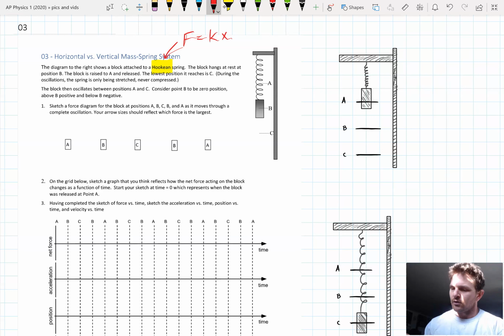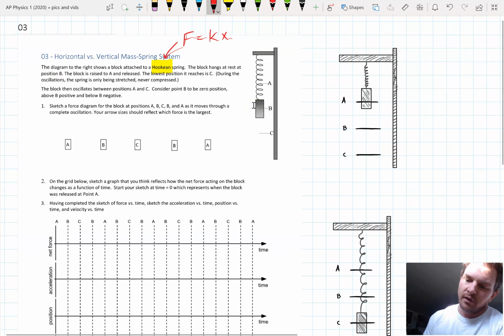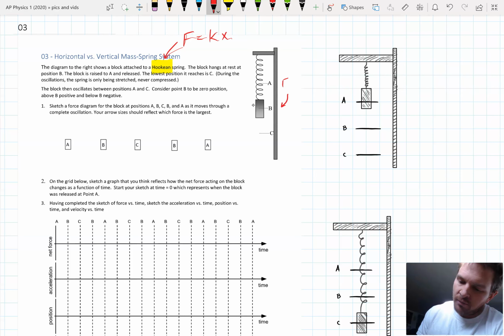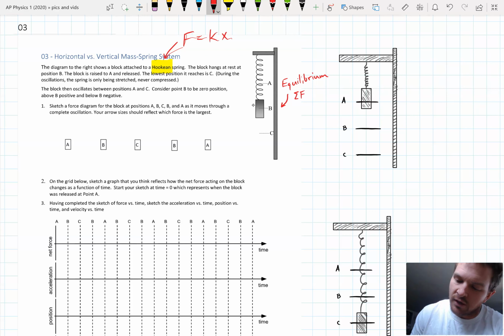All right, the block hangs at rest at position B. Remember, that's what we call the equilibrium position, and it's special because it always tells us that that's where the net force is 0.